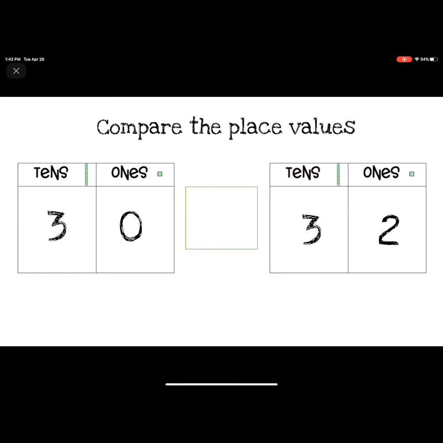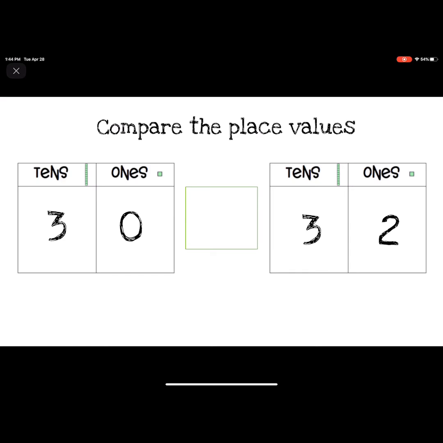They are 30 and 32. Now both of these numbers have 2 digits, so we are going to have to dig a little bit deeper. So first we're going to look at the tens place. In 30, there's a 3-digit in the tens, and in 32, there's a 3-digit in the tens. So guess what? They are the same so far.